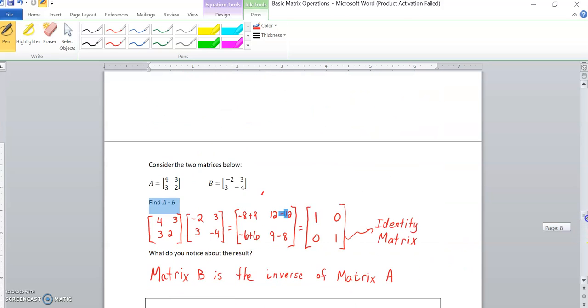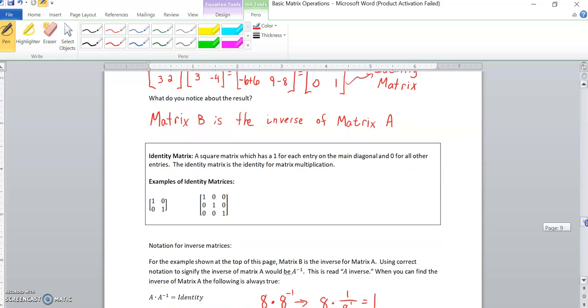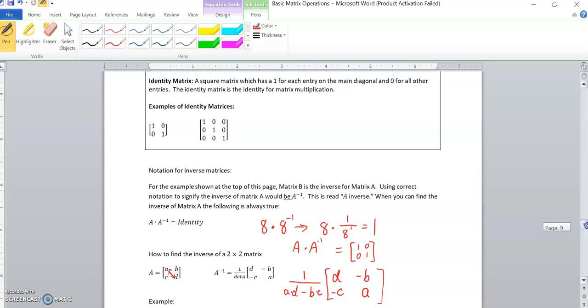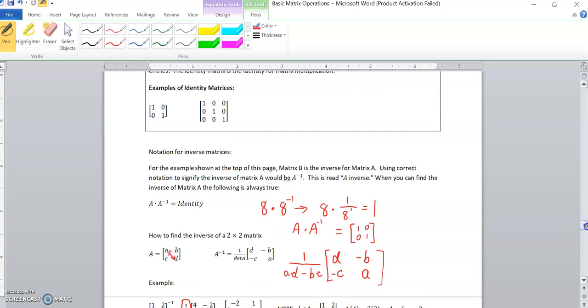What I know about matrices is that not only do we know that it is an inverse if A times A inverse gives us the identity, we should also be able to take A inverse times A. We should be able to switch the order. Remember before, when we did multiplication with matrices and we did A times B, we got a new matrix.